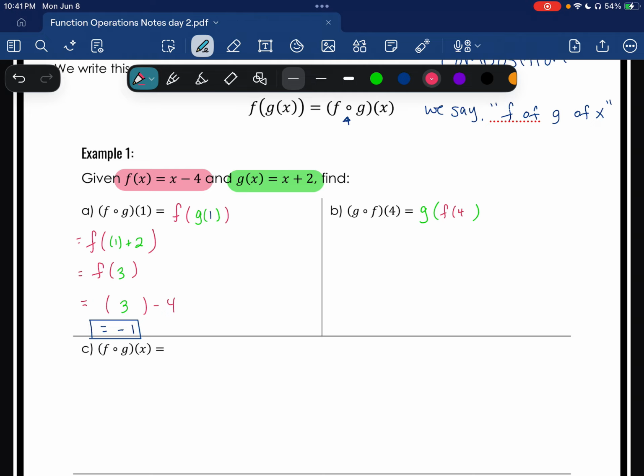So I'll plug in 4 here. That actually ends up giving 0. So what we're going to be doing is evaluating g when x is 0. G of x was x plus 2, so we put 0 plus 2, which is 2.